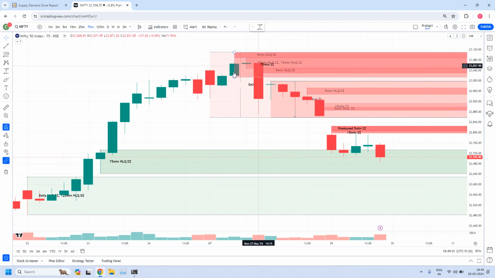So finally these daily zones are having two 75-minute zones. So strong order flow. All these zones are having fine-tuned zones up to the 5 minutes time frame. If fine-tuned zones are there up to the 5 minutes time frame, what is the order flow? It is a strong order flow.